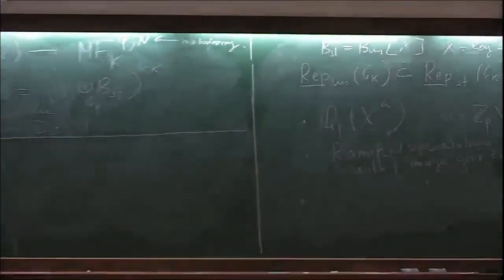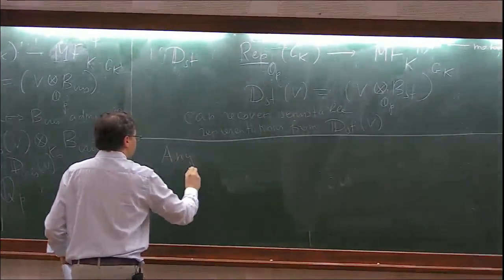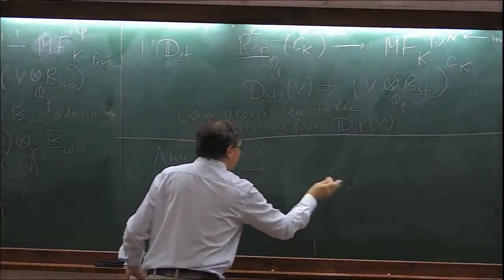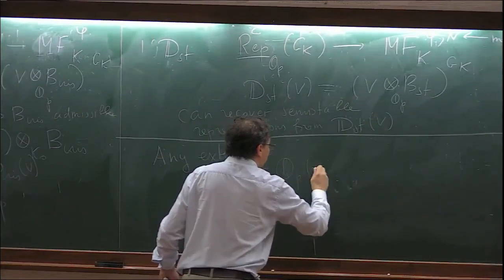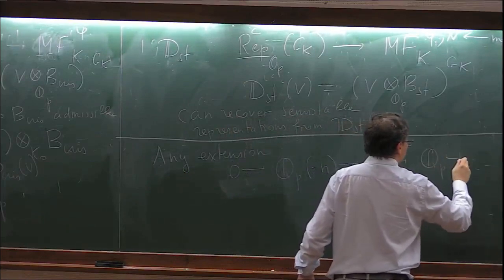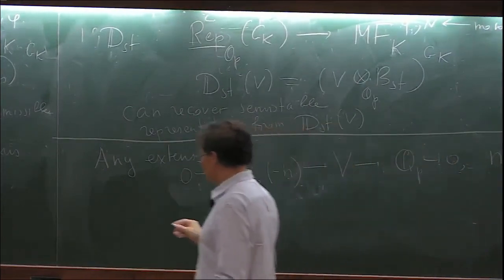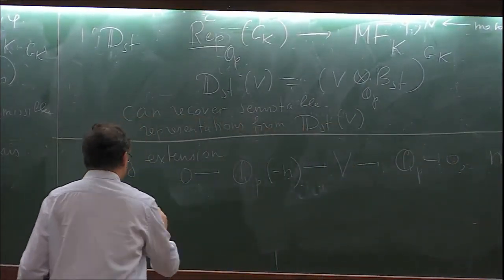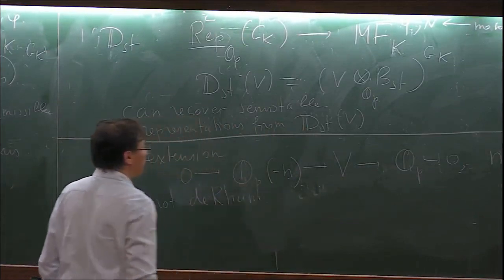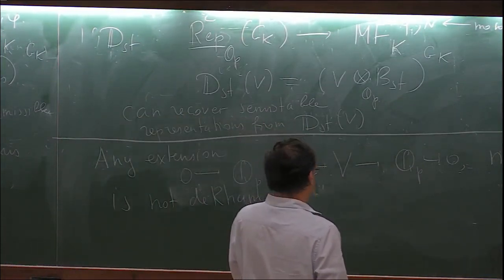One can prove that any non-split extension of the following form, 0 to Q_p(-n) to V to Q_p(0) to 0, for n bigger or equal to 1, is not a de Rham representation, but it is Hodge-Tate.